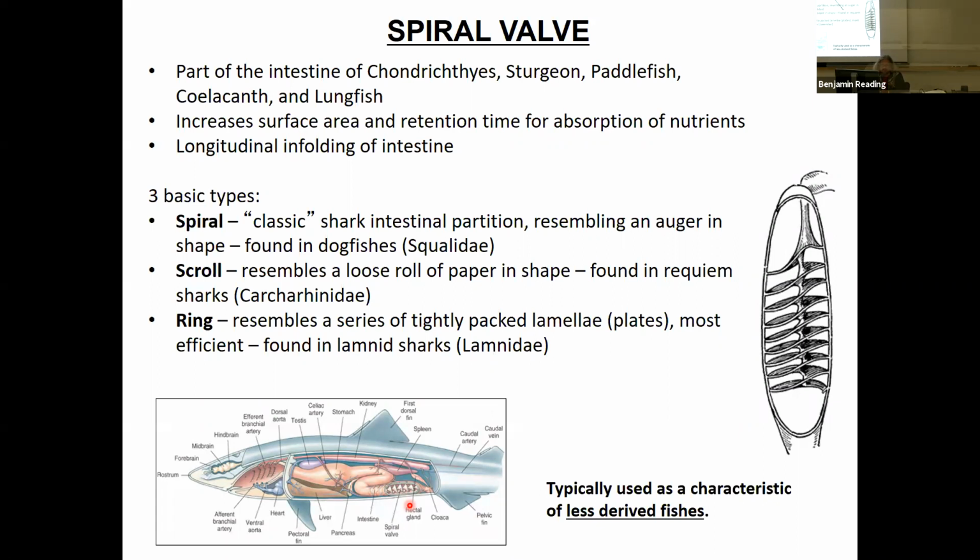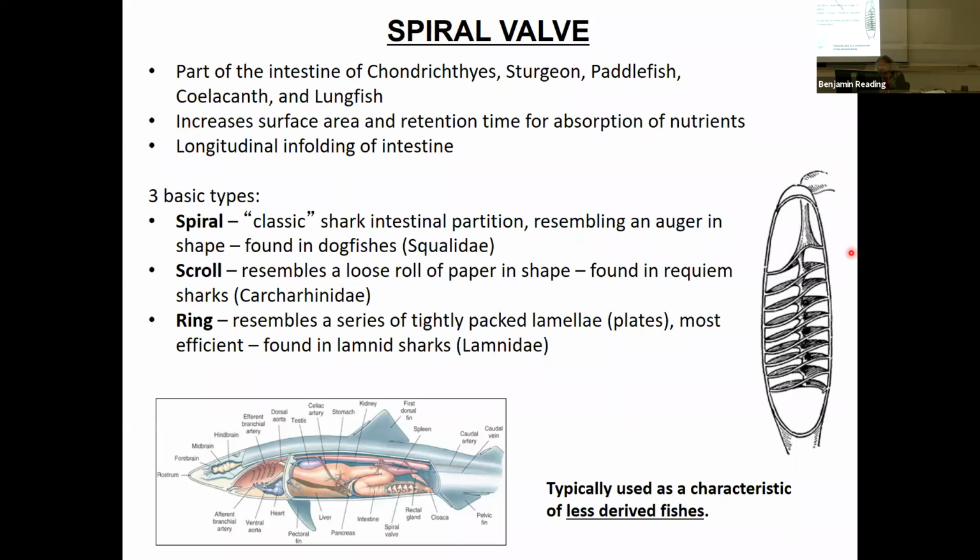For instance, the chondrostei, things like the sturgeons of family Acipenseridae, also the paddlefish, Polyodontidae. But generally speaking, I said that if a fish has one of these spiral valves, it's considered a less derived feature. And that is true. So chondrichthyes, sturgeons, paddlefishes, the coelacanth, Latimeridae, and the lungfishes. It's kind of a throwback.